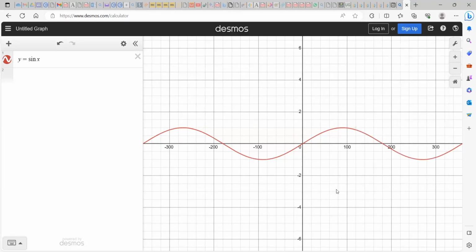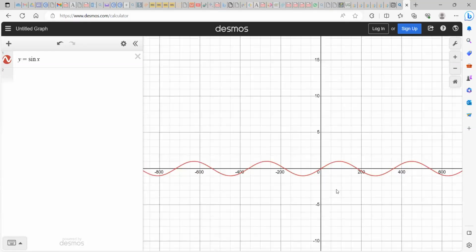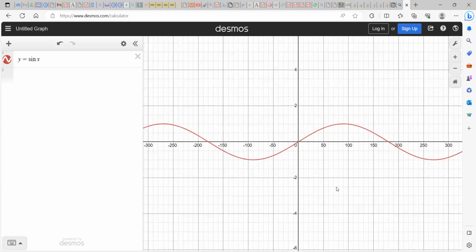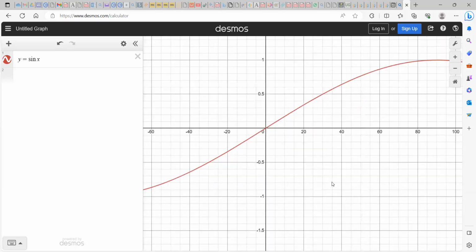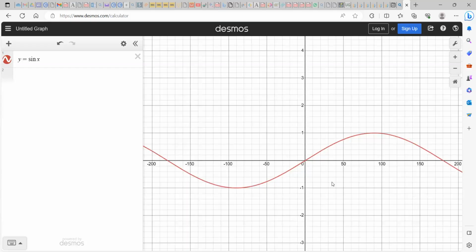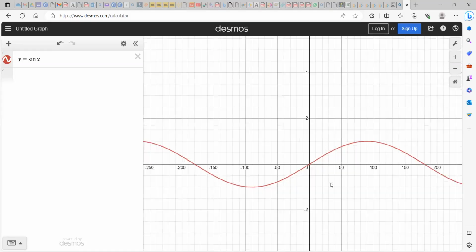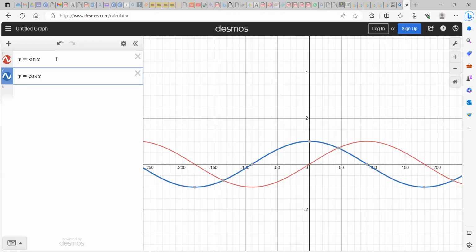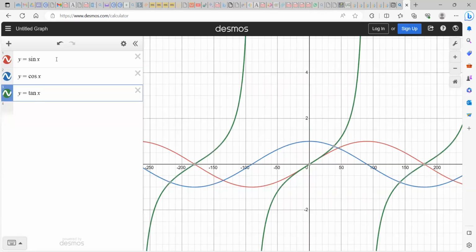You can fool around with it. You want y equals cos x, y equals tan x, it's all here.